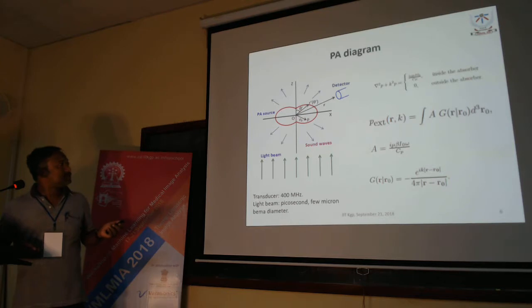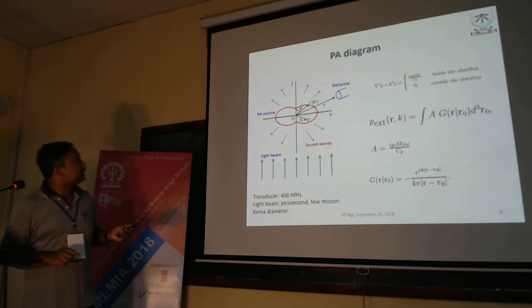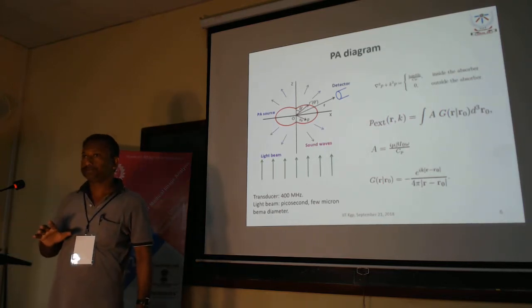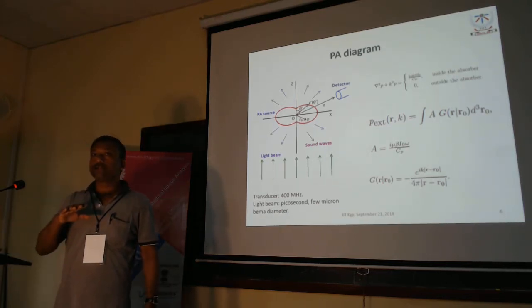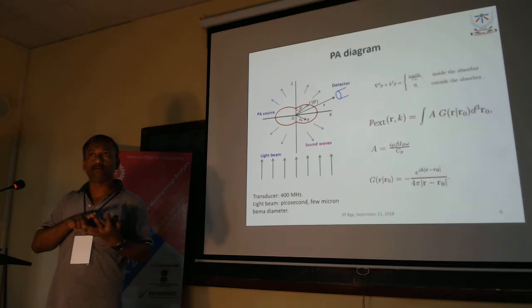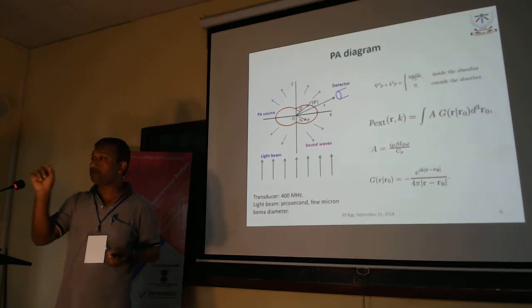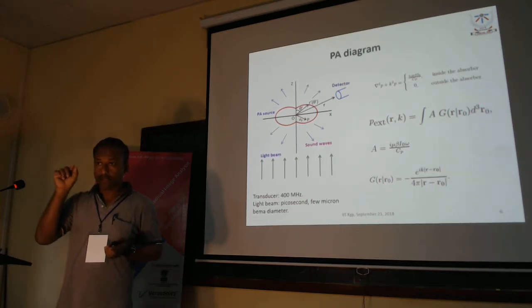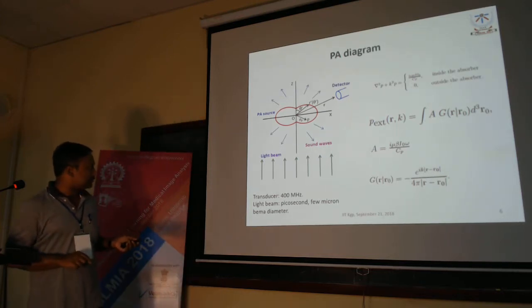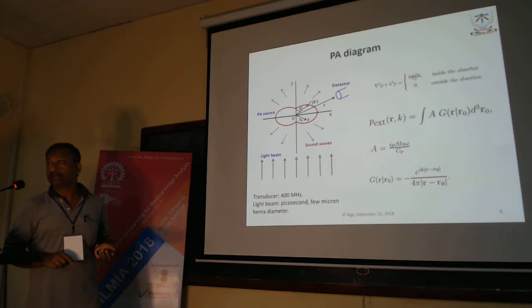Assume that this is a cell, light is coming from here and you have a detector here. Your cell is about 5 micron. Yesterday I showed that there are two conditions we need to achieve, thermal confinement and stress confinement. So your pulse width should be very small, and people are using picosecond lasers.